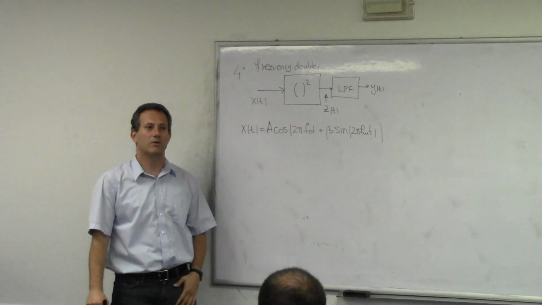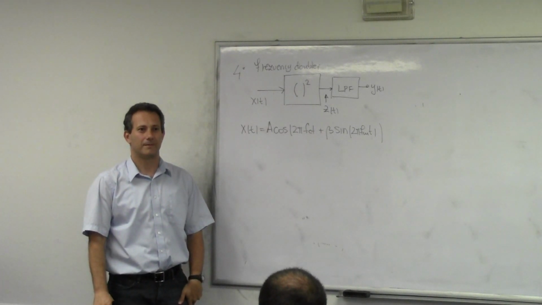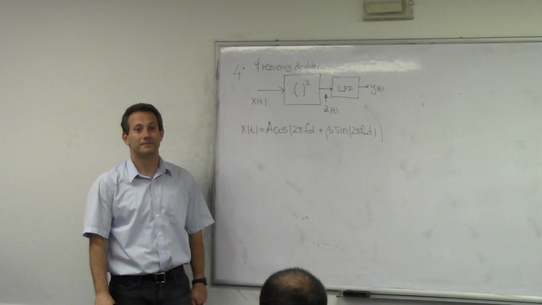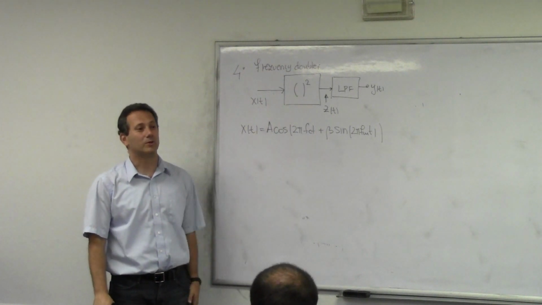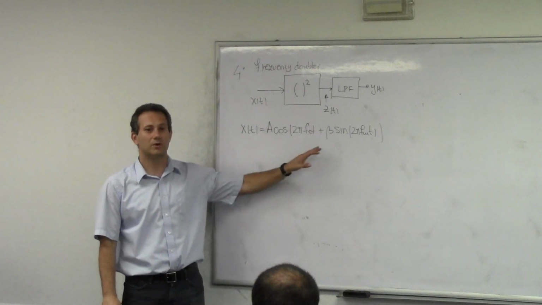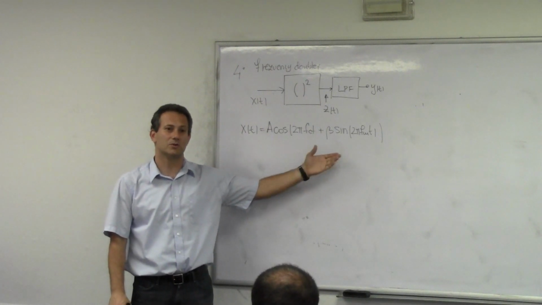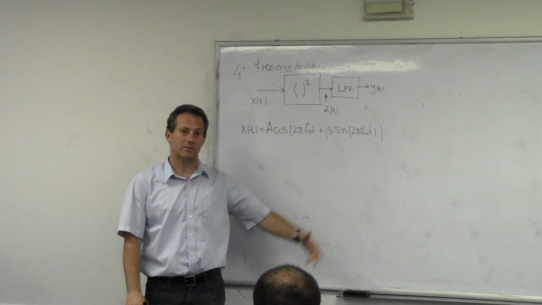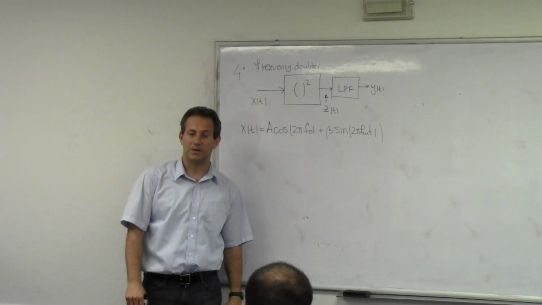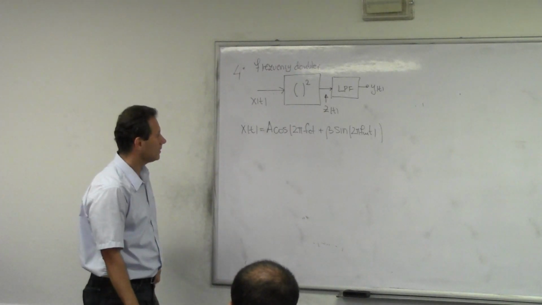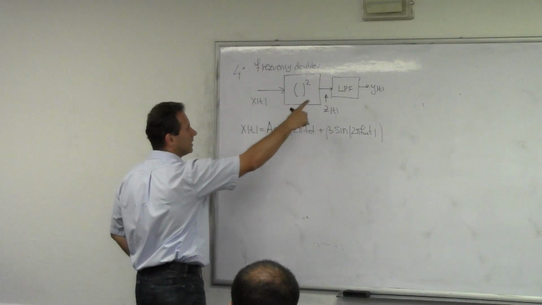Is this FM or PM? It can be both, right? You can't tell, because I don't really know what m of t is. If m of t is cosine, then this is FM. If m of t is sine, then this is PM.